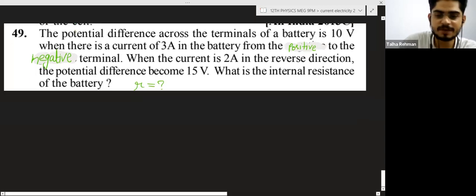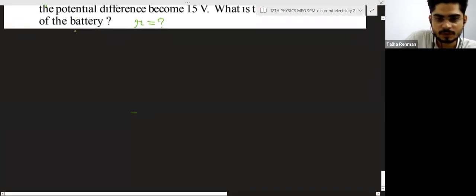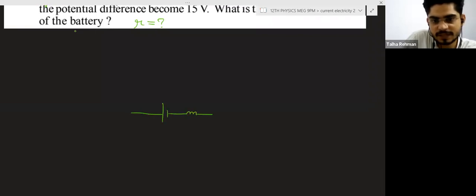So they are saying we have a battery like this. This is the internal resistance, and if we have a battery, I am supposing capital E is the EMF of the battery and small r is the internal resistance, and this is the positive terminal of the battery, this is the negative terminal of the battery.